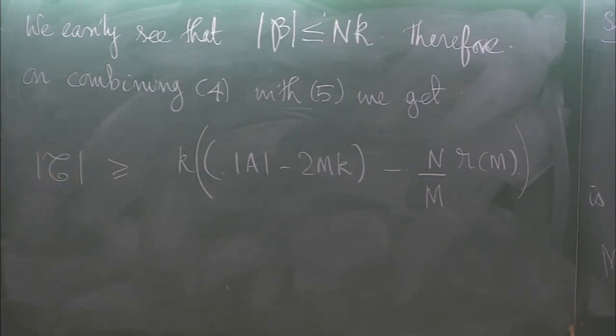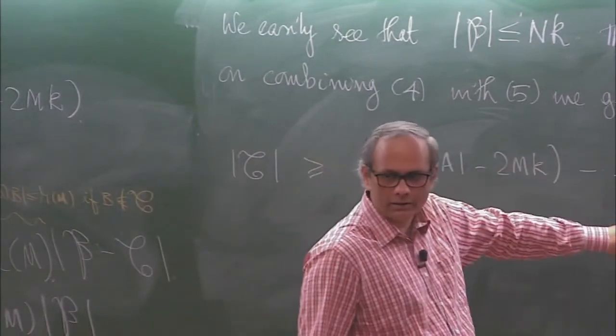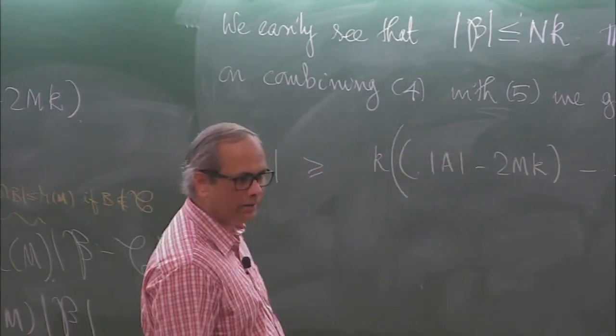Okay, because there's an nk here for the beta, and then there's an m sitting here which I have divided throughout. So this m gets cancelled, and I get an m in the denominator in the other term. Okay, so that's that.